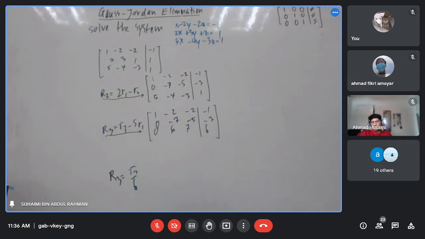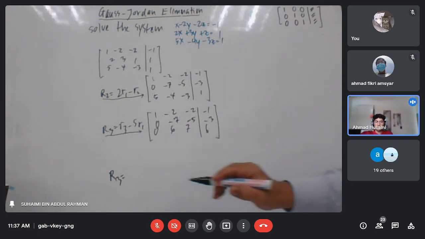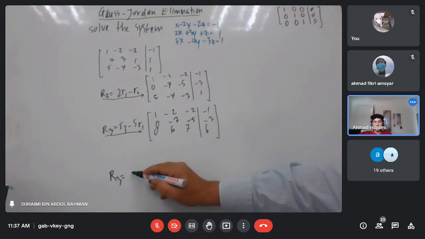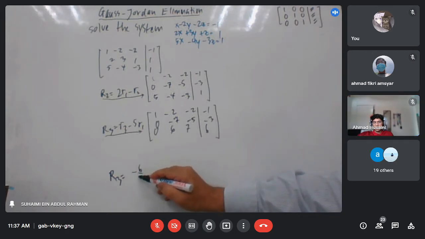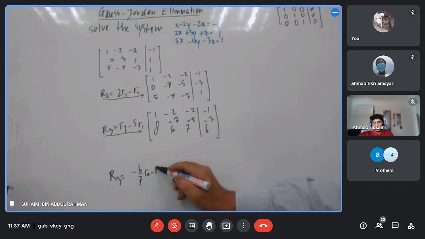How do you get there? Let me get 0 there. If negative 6 over 7 R2 minus R3.